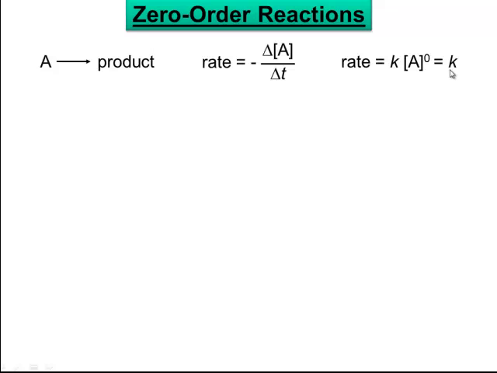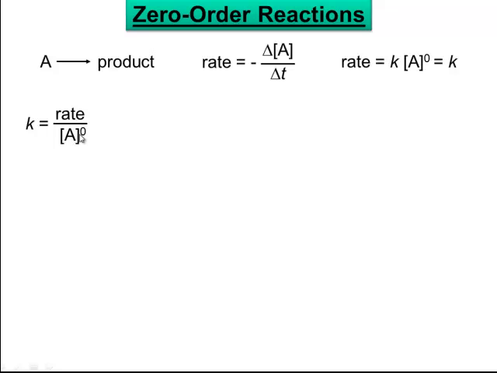That means if we take a large concentration or a small concentration of the reactants, the rate of the reaction will remain the same independent of the concentration of the reactant. Now, to determine the unit of K, we can rearrange this expression to write it as follows.